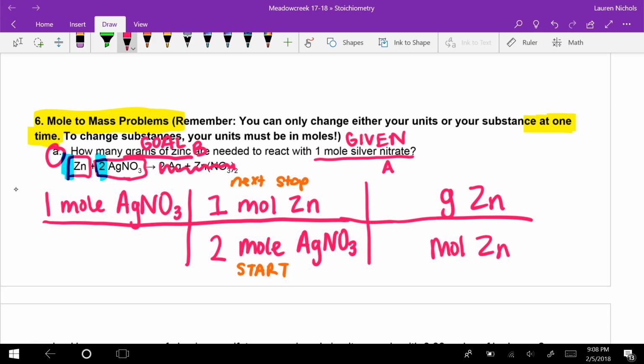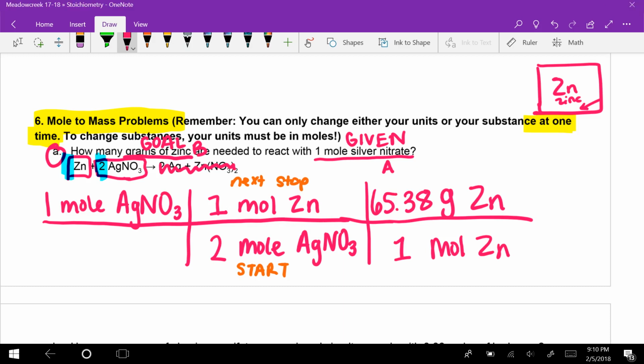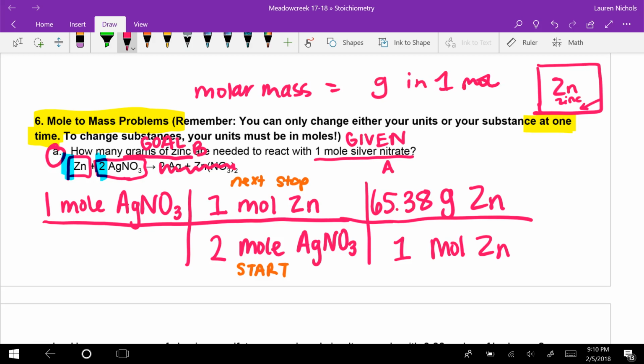And we know that molar mass is always equal to 1 mole. And in order to find the mass of zinc, you look on the periodic table and you find zinc and whatever number is right there. In this case it is 65.38. So I'm going to put that molar mass anywhere that grams goes. And remember, by definition, your molar mass is equal to the grams in 1 mole. That's why this number here is always a 1.